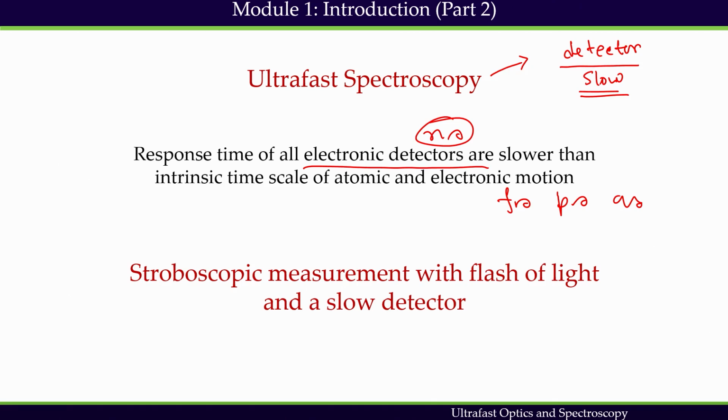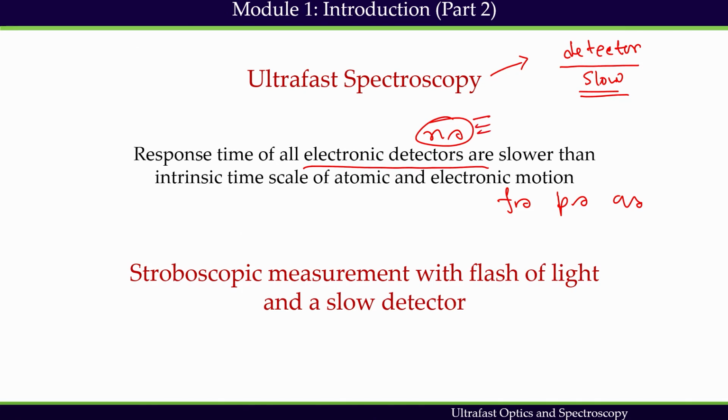What is the typical response time of the fastest time sensitive detectors which we have? All modern time sensitive optical detectors such as photodiode, photomultiplier tube, power meter, and CCD camera measure voltage or current using electronics, and the response time of the fastest electronics is a few nanoseconds, or with the best electronics, several hundred picoseconds, that's all.